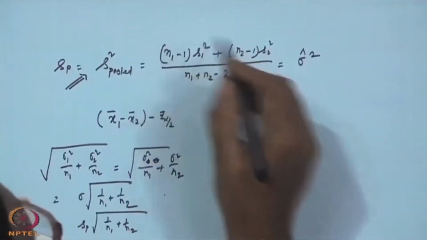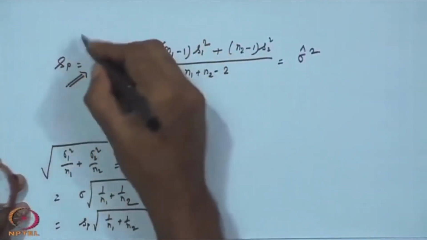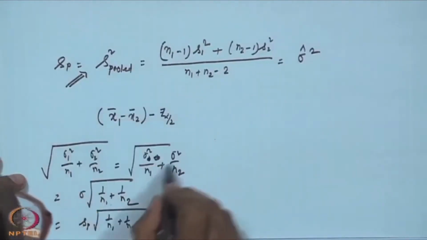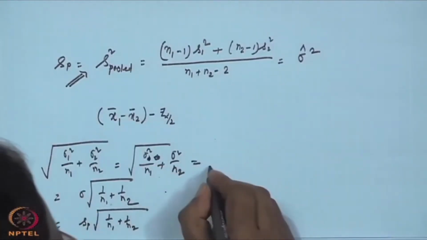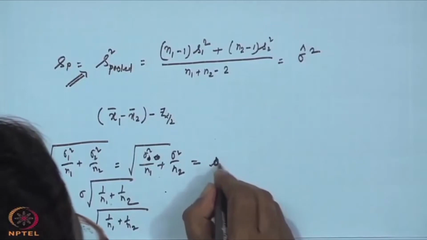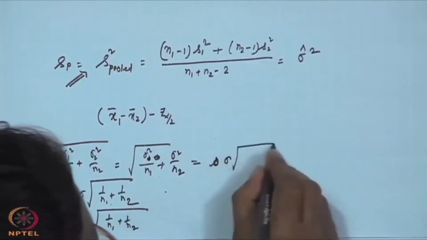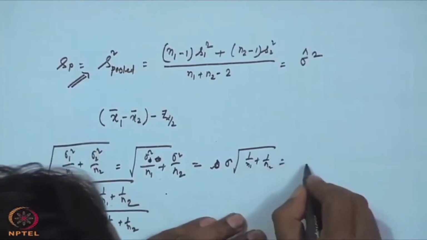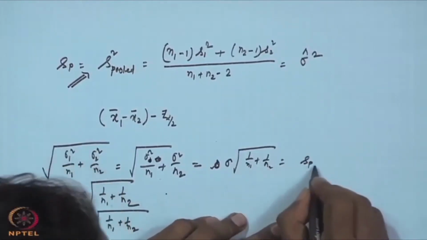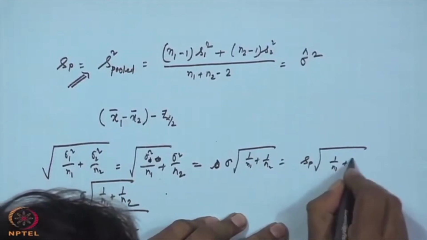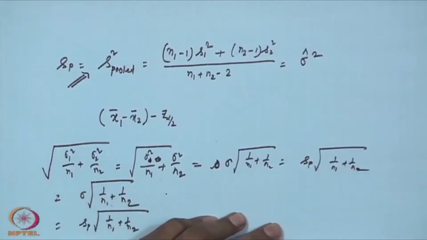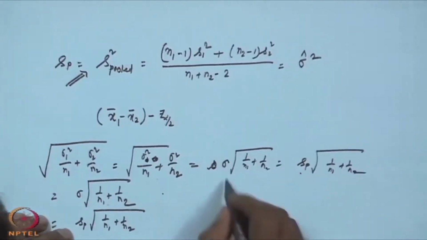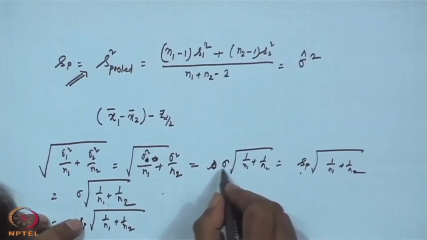So, you will be writing SP, that this portion, which I am writing again as sigma square root of 1 by n1 plus 1 by n2, equals SP square root of 1 by n1 plus 1 by n2. Why SP? Now, SP is the estimate of sigma.